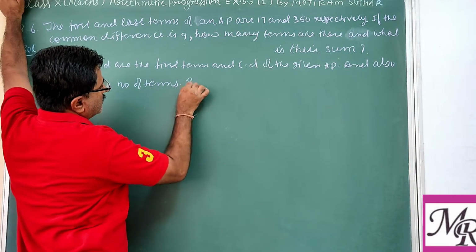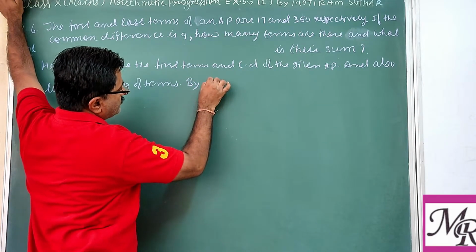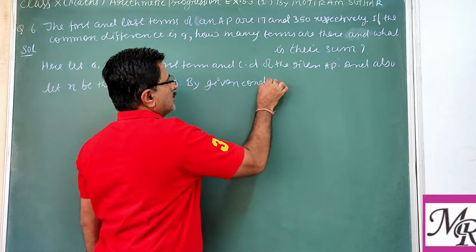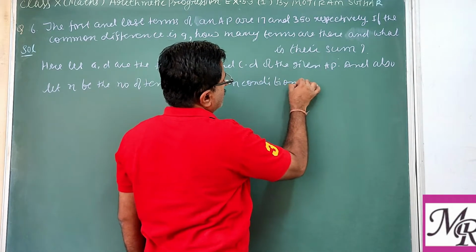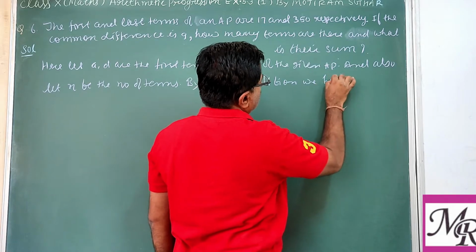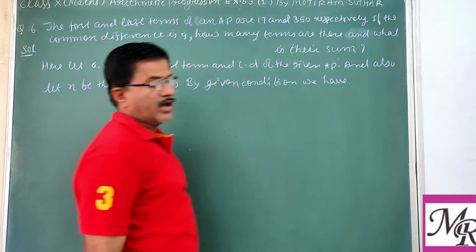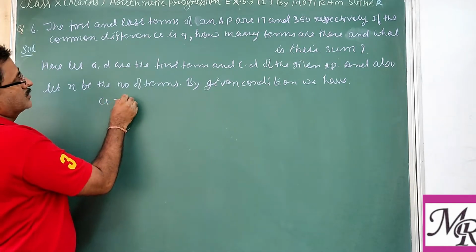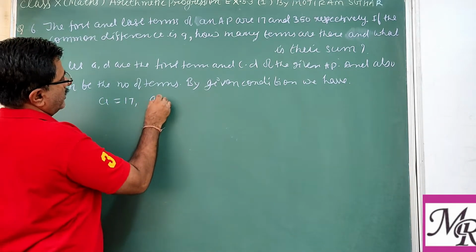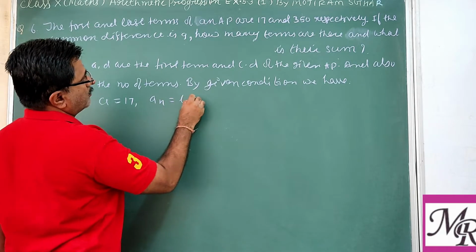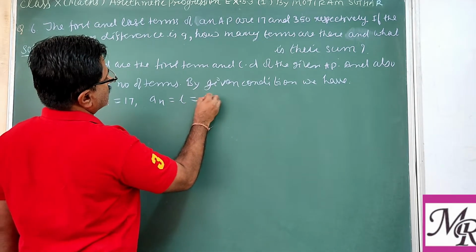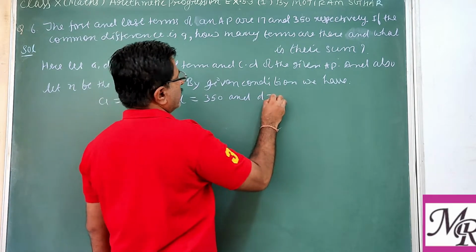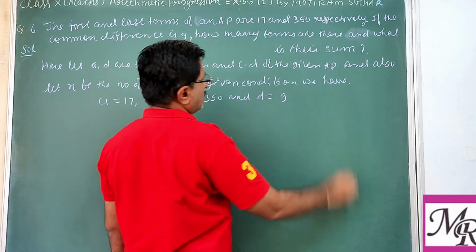So by the given conditions, what is given? a, the first term, is 17, a_n, which we call the last term, is given as 350, and d, the common difference, is given as 9.